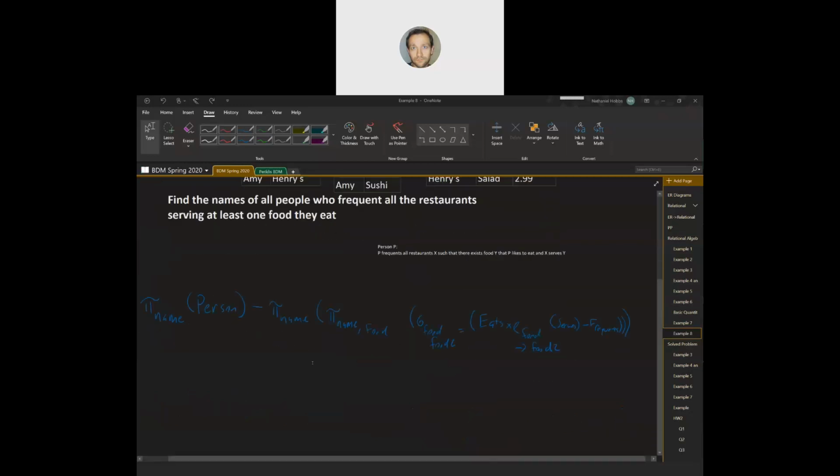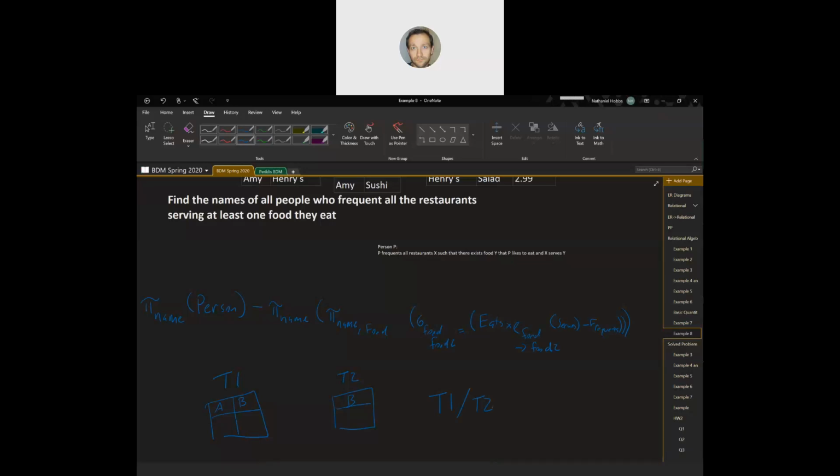If you have two tables, T1 and T2, and T1 has some attribute A and some attribute B, and T2 has some attribute B, then taking T1 divided by T2 means that for every entry in T2, there exists a corresponding entry in T1.